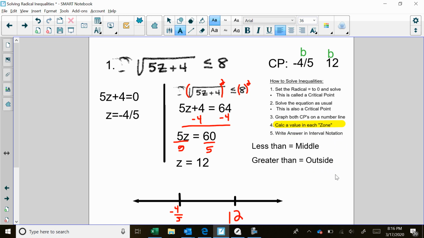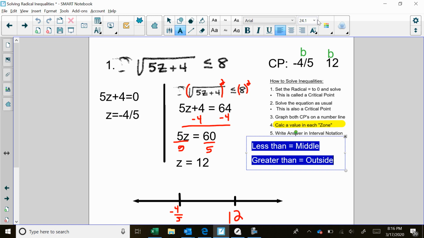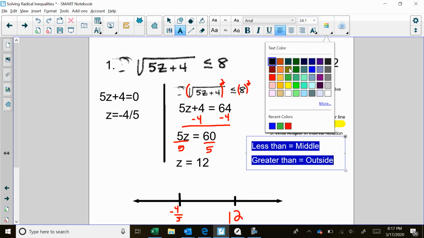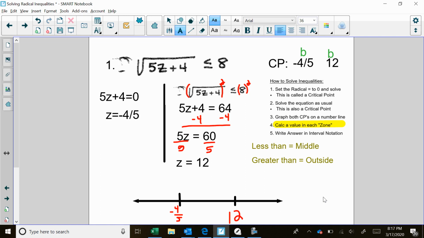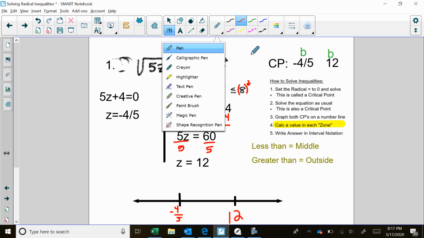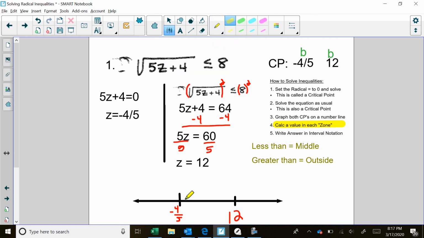So that speeds up the learning process for you. This right here is good stuff. It's gold. We'll even put it in gold. Now we get to shade. The answer is going to be in the middle of the two critical points.